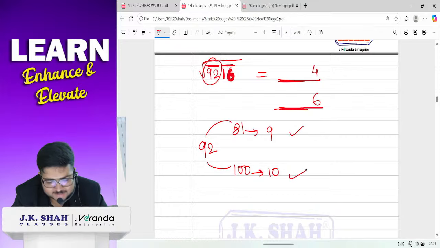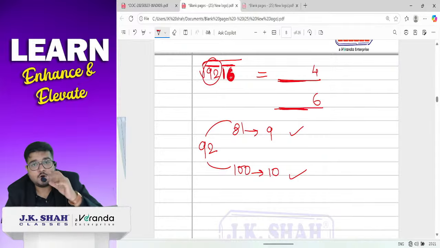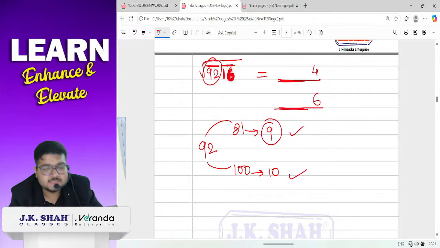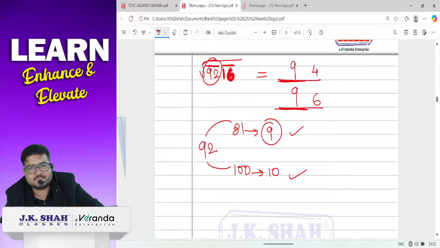So 92 comes between 9 ka square and 10 ka square. Always take the smaller digit. Small is 9. So I will put 9 as the previous digit. So now my square root can either be 94 or 96. There is no other option.